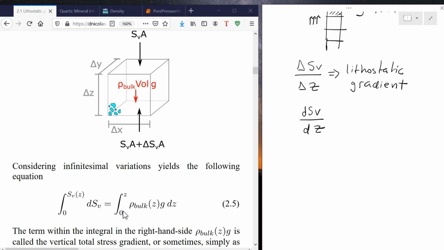So if I move dz to the other side of the equal sign, multiplying the mass density times g, if I integrate this equation, I can obtain the absolute stress at a given depth. This integral is very easy.